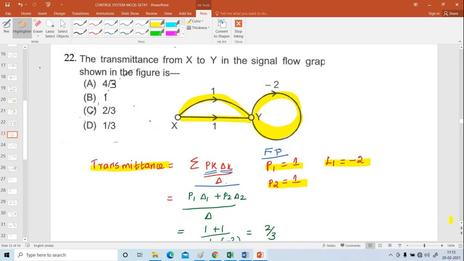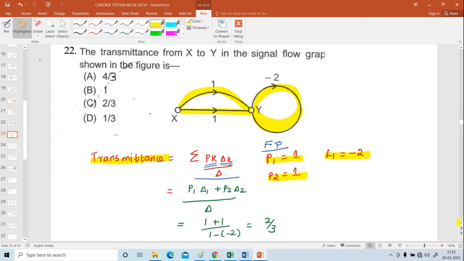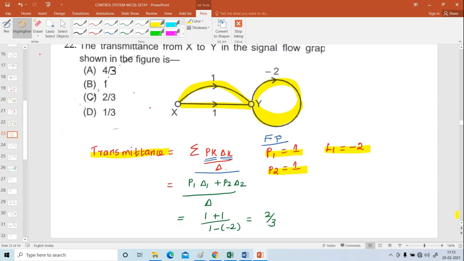Now I am going to expand this equation. P1 delta 1 plus P2 delta 2 divided by delta. This is the expansion. I have to substitute the values. What is delta 1? Here only one loop is there, and it touches both forward paths.